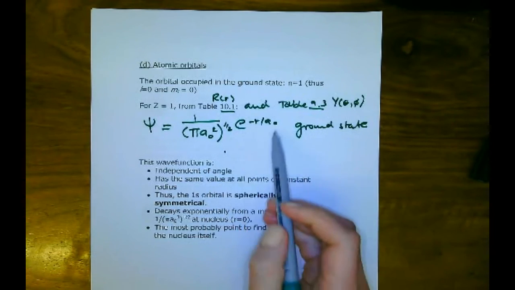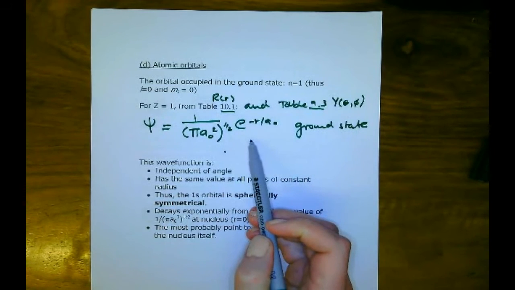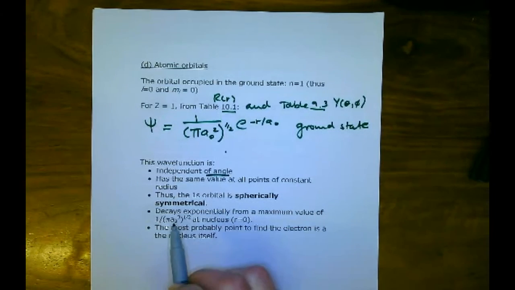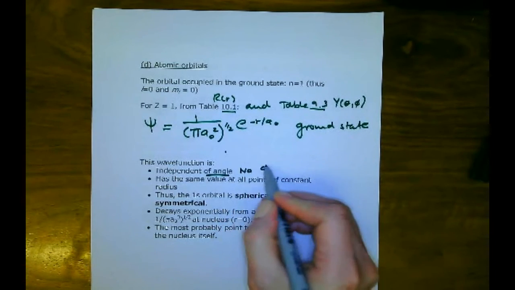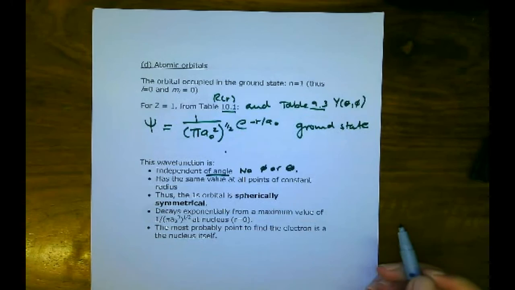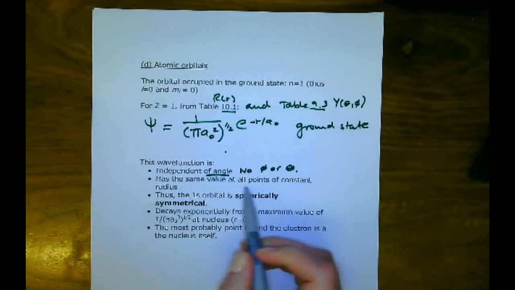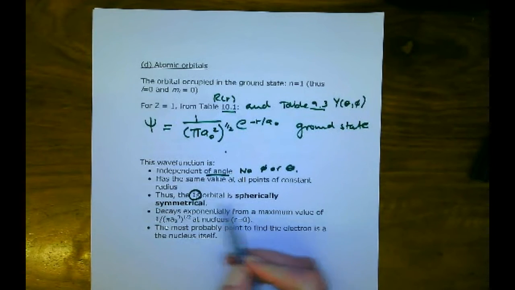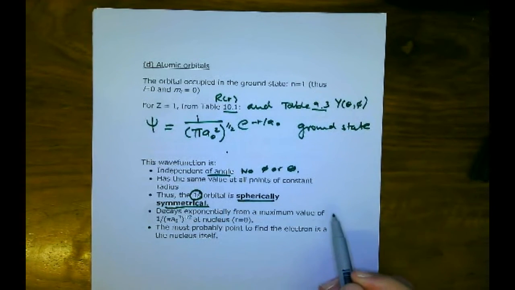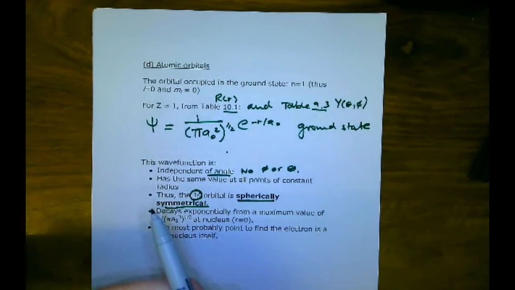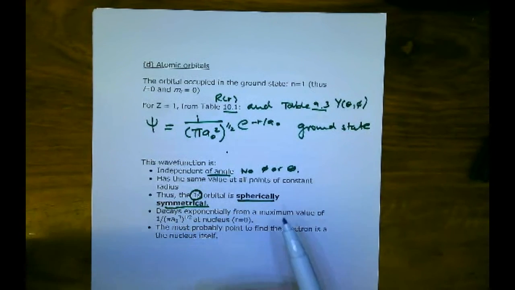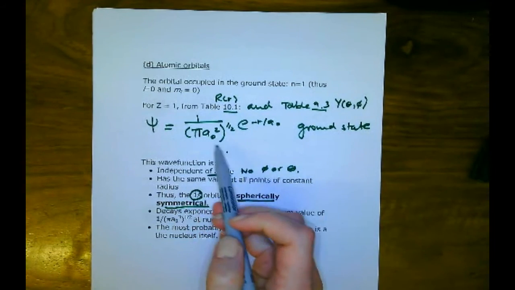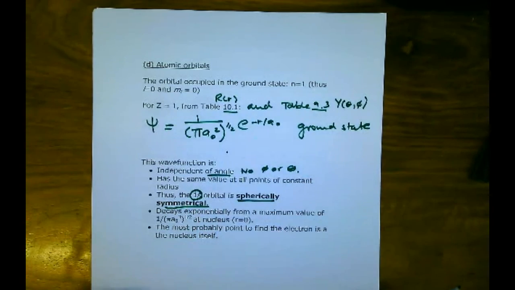Now in this case, we don't see any theta or phi in this wave function, so it's independent of angle. No phi or theta. That means it has the same value at all points of constant radius. So this 1s orbital, as we know, is spherically symmetrical. You knew in school days that an s orbital is a sphere, but now you can see why: the wave function doesn't have an angle in it.